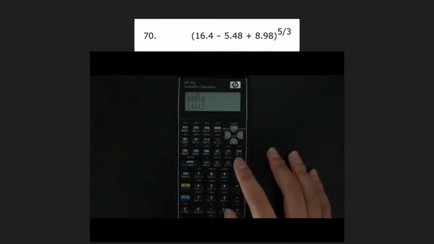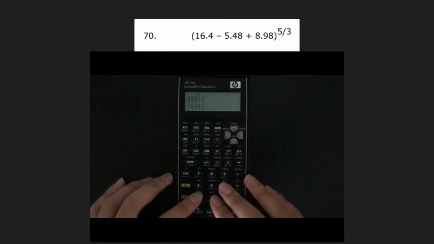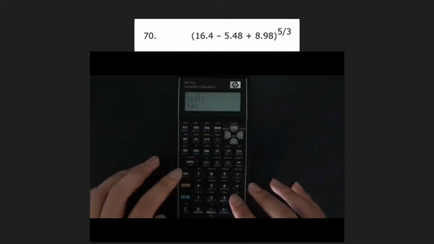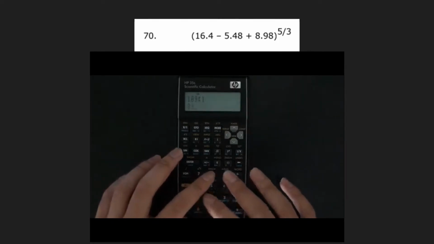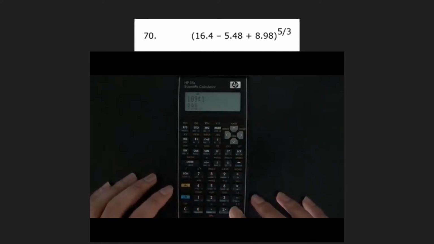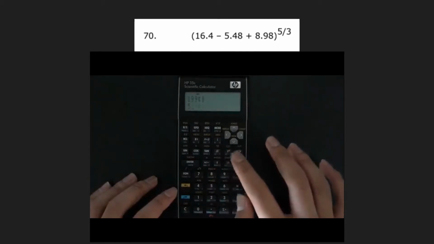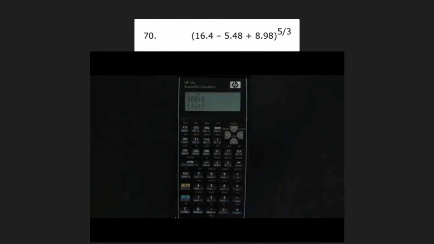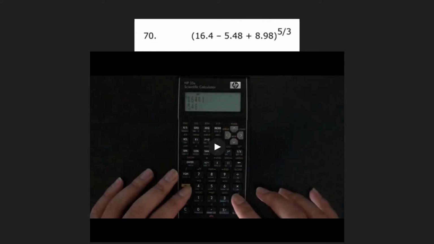However, you can do this another way. 16.4, enter, 5.48, subtract, 8.98, and then add. I do it to the 5th power, and then cube root it. When I was starting off with calculator, I personally found the first strategy easier. However, this could change over time, but you can pick which one you want to do when you get a fraction for an exponent.